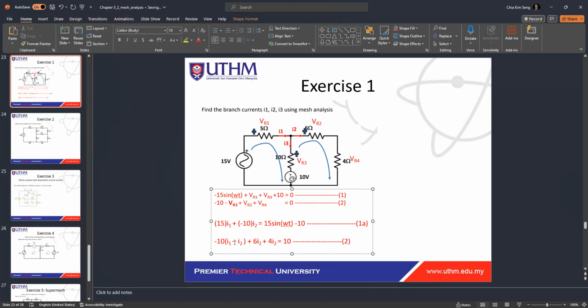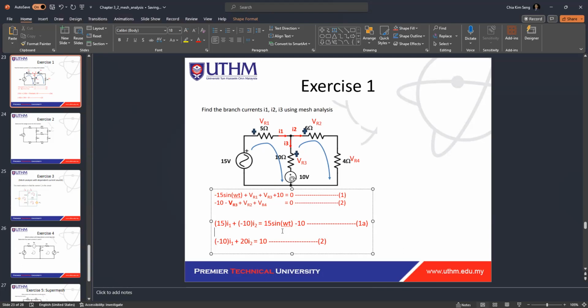Next we group the I1 and I2. For I1 we only have 10, and here minus 10 multiplied by minus 1, so we get positive 10. So the total coefficient of I2 in this equation will be 20, am I correct? So this is what we get.